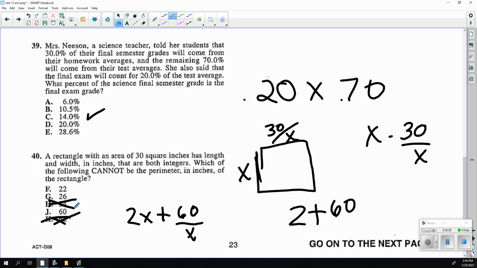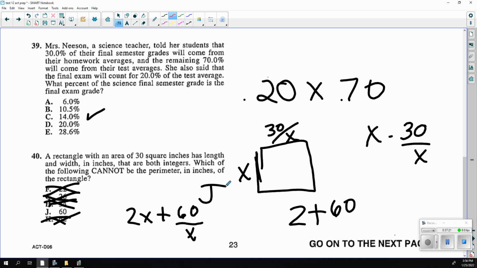If x was 3, it would be 6 plus 20, that's good. And if x was 4, it would be 8 plus 15. I think it'd have to be one more, 5, would be 10 plus 12. So the one we skipped, it can't be, is J.